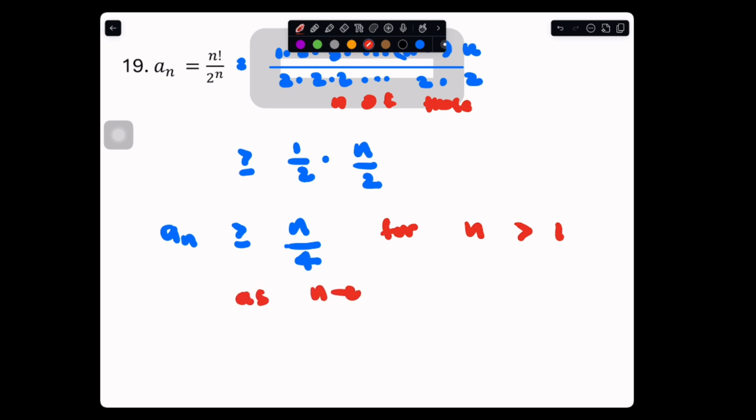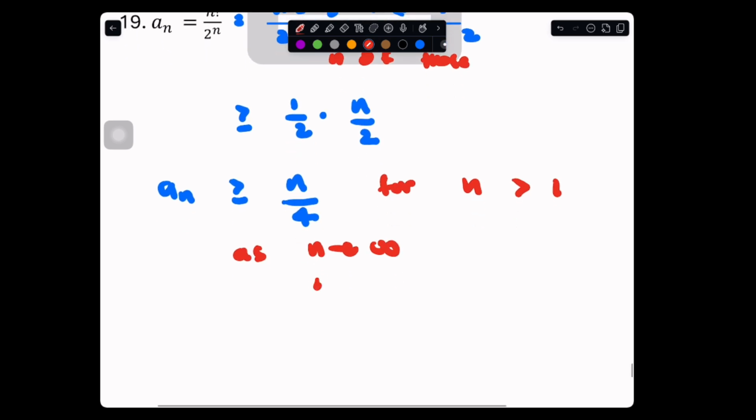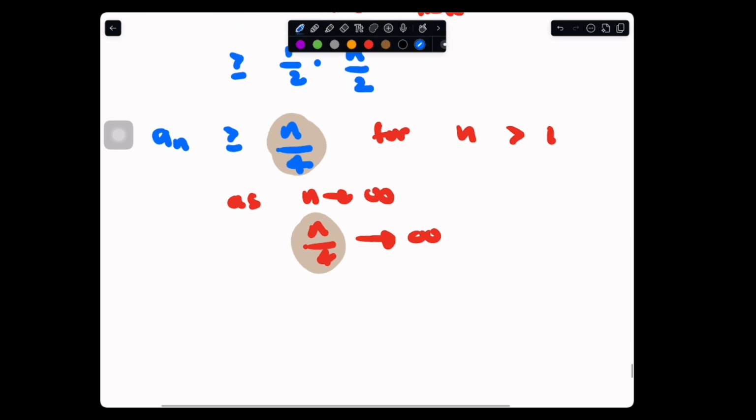Okay, so we're going to say this here. As n goes to infinity, the smaller sequence goes to infinity. So we're looking at the smaller sequence here going to infinity. So what that implies now is that the bigger sequence also goes to infinity as n gets big.